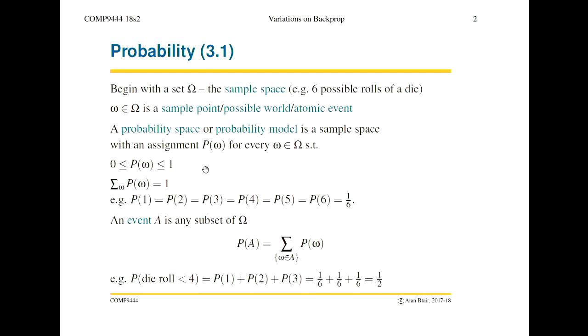These are called atomic events, and then we can define compound events as unions of atomic events. So what's the probability that the number rolled is less than 4? That means it has to be 1, 2, or 3. So this is a complex event: the die roll is less than 4. The probability of that is the probability of 1 plus the probability of 2 plus the probability of 3, which is 1/6 plus 1/6 plus 1/6, which is a half.